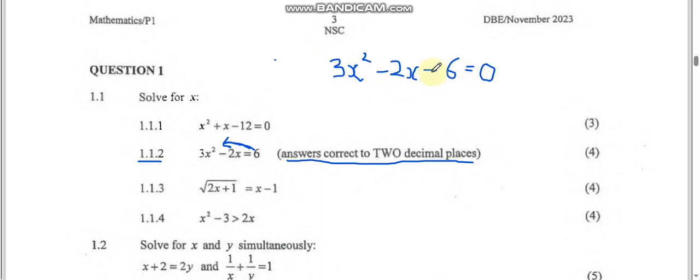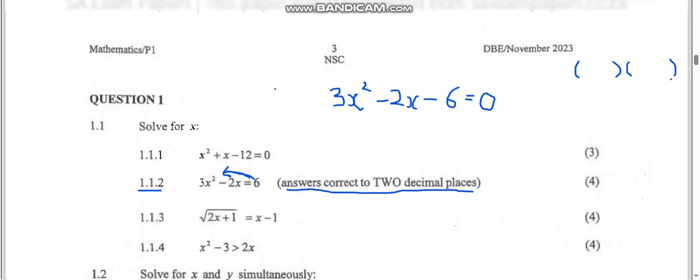In grade 10 and 11 you learned about different types of factorization, but there are no finite factors to factorize this expression here. So the only way to do it is to use the quadratic formula, the formula that you were introduced to in grade 11. I've already made some notes of it.